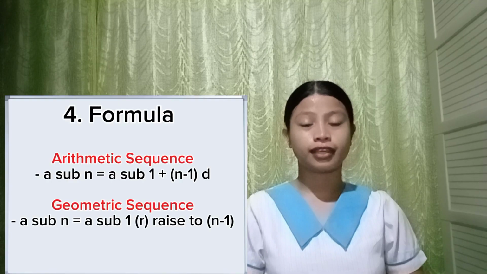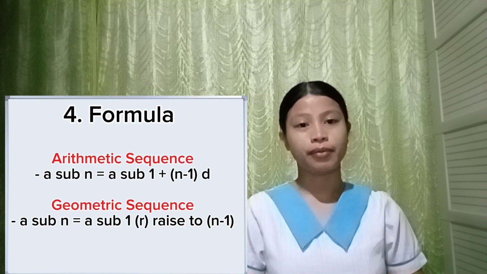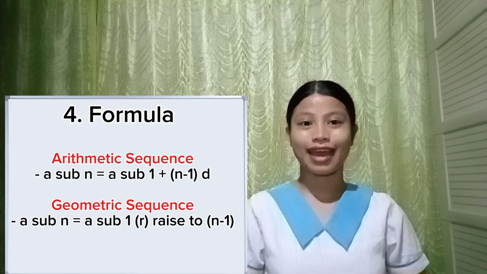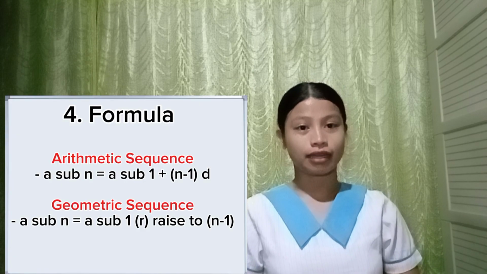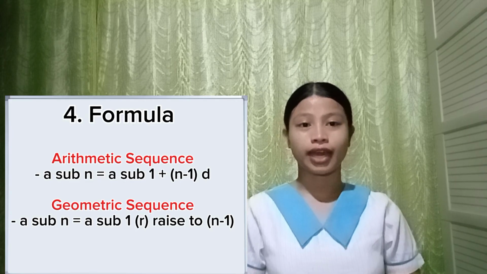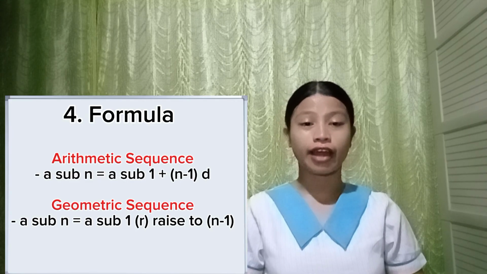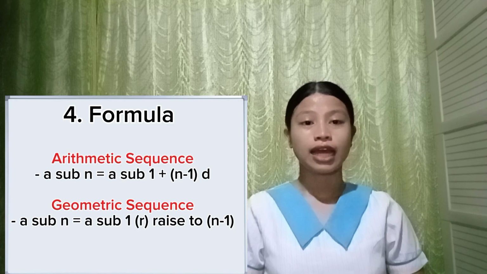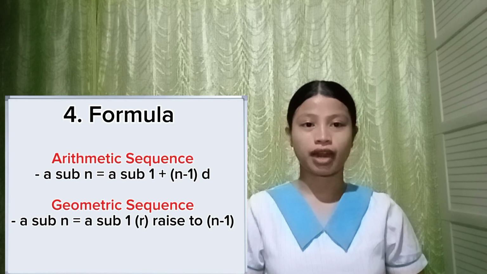So last, they have differences in terms of formula. For arithmetic sequence, a sub n is equal to a sub 1 plus n minus 1 times d. Kung saan yung a sub n is the nth term, a sub 1 is the first term, and d is the common difference.